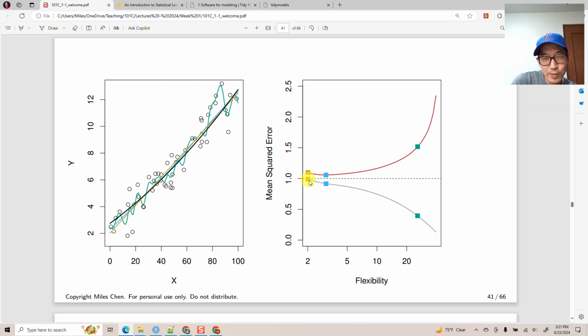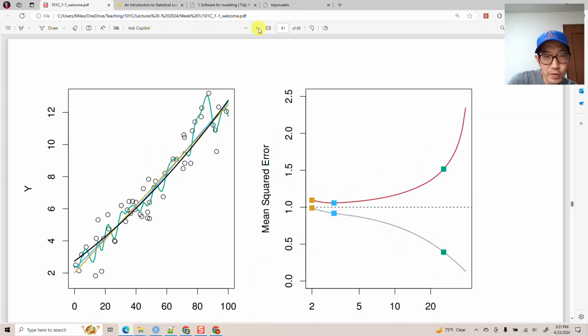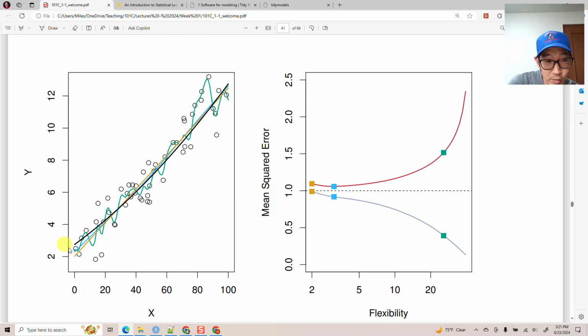Okay, so for the training data, the blue line, it's kind of hard to see, but it has a little bit of curvature to it, and that performs a little bit better. And then the green line, it's trying to fit this data as closely as possible, and so it's highly flexible, and for these dots, it really shrinks the amount of error. And so with high flexibility, it's really reduced the amount of error that we have on the training data.